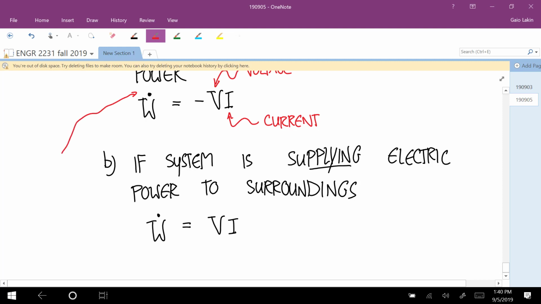And just like before, notice that this is a rate. And so you have to do something with these before you can use them in the first law of thermodynamics the way I have it written.